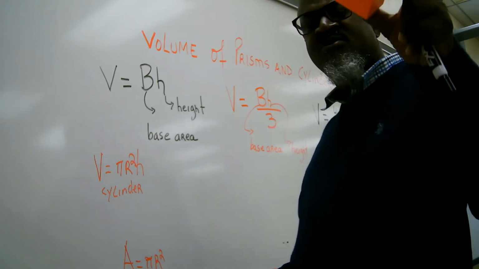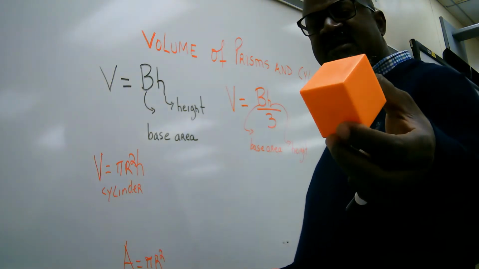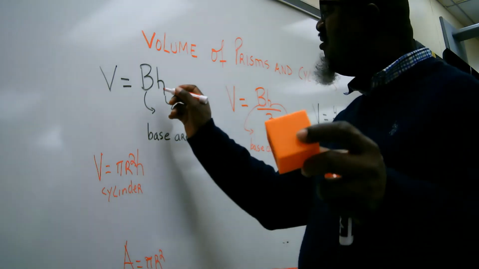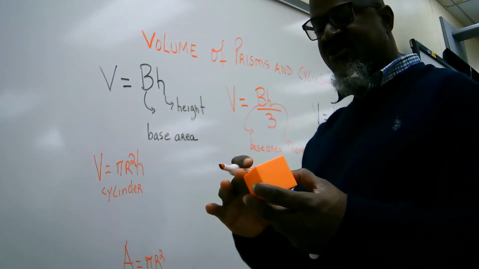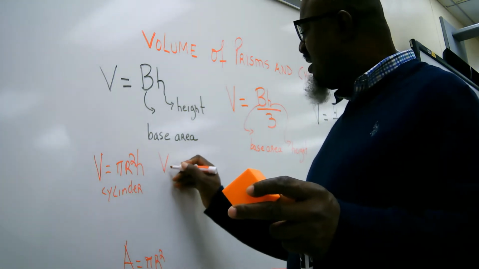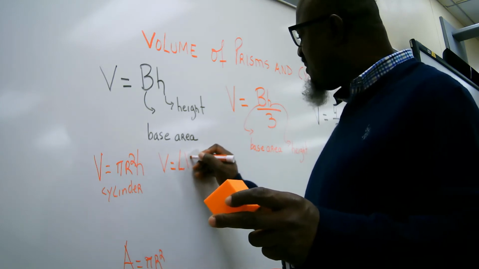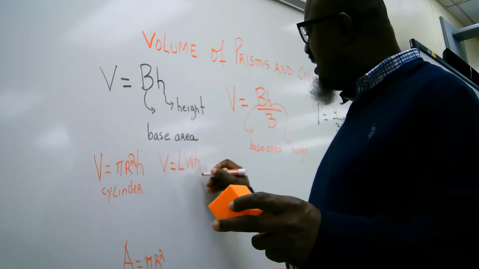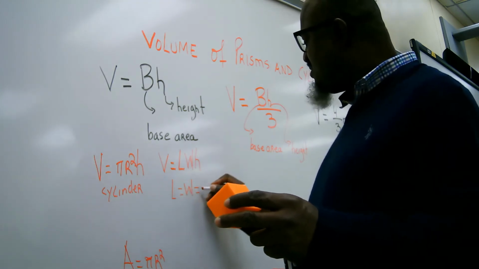It can also be used for a cube. Remember, a cube has 6 faces, and the faces are squares. So for the area of the base, which is a square, the length and the width are the same. So if you were to find the volume of a cube, it is the length times the width times the height. In this case, the length is equal to the width is equal to the height.